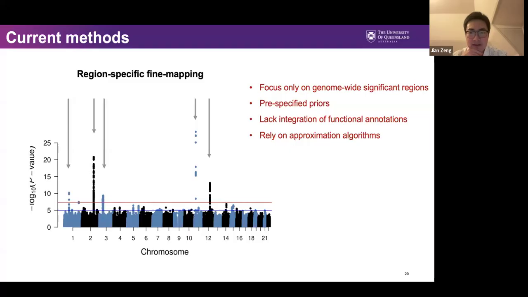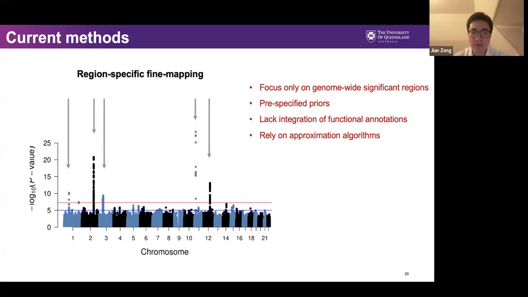We think the problem with doing that is we ignore the rest of the genome that potentially also includes the causal signal. And also, if you restrict the fine mapping within the GWAS loci, the prior parameters in the hierarchical model may not be estimated very well. And it's hard to incorporate the functional annotations, because the functional annotations do not only exist within the GWAS loci, but also across the whole genome.